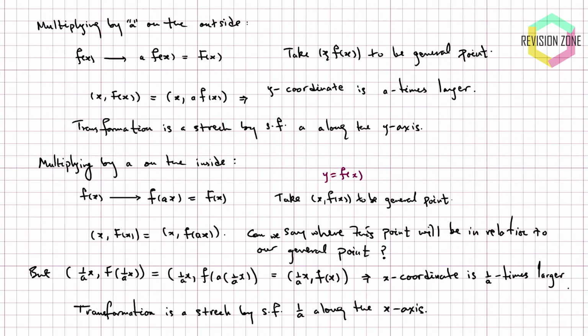So if I compare this generic coordinate to that generic coordinate, I see that the y values are exactly the same. So the only thing that's different is the horizontal component. And it's obvious that in the second case, the horizontal component is divided by a. In other words, it's been compressed by a, right? Another way of saying that is it's a stretch by scale factor 1 over a in the horizontal direction. Okay, so the transformation in this case works out to be a stretch in the horizontal direction by scale factor 1 over a. So let's take a look at two cases of reflection and then we can end this video.